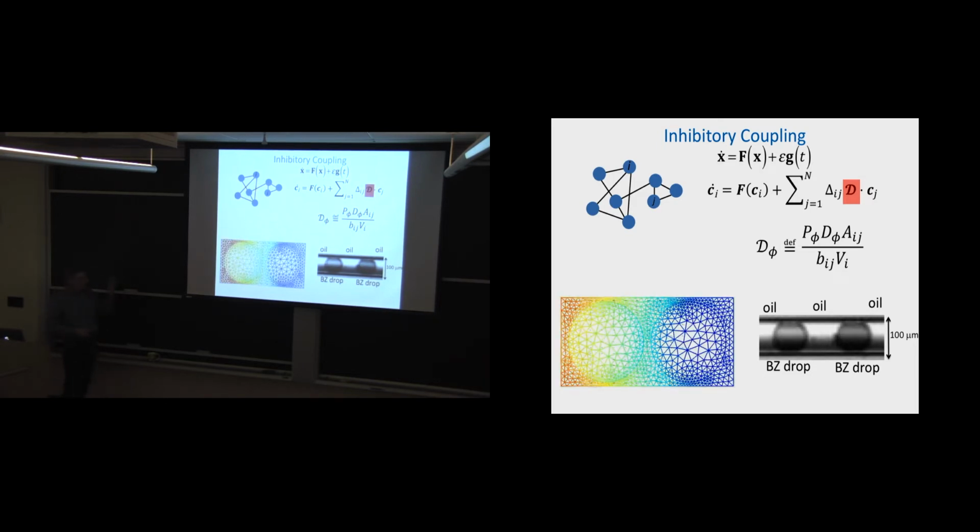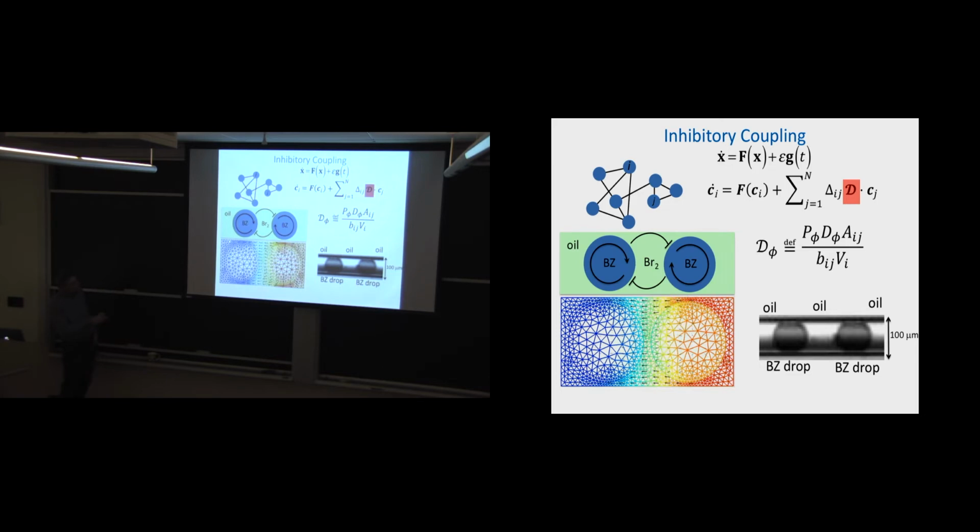And we can model this with finite element, where here we've colored the inhibitor, and this is the BZ drop, and then this is the flux of the inhibitor, and we know the partition coefficients, and so we can calculate this exchange, and then we see the drops in the model are going 180 degrees out of phase with each other, just like the drops in experiment.